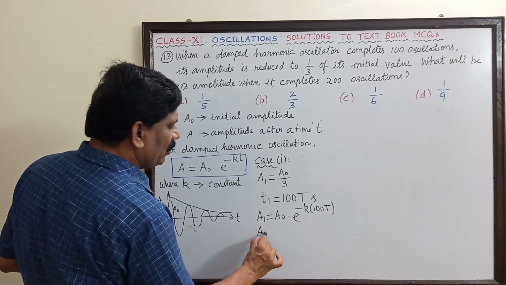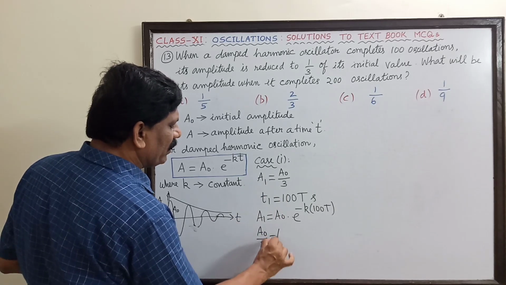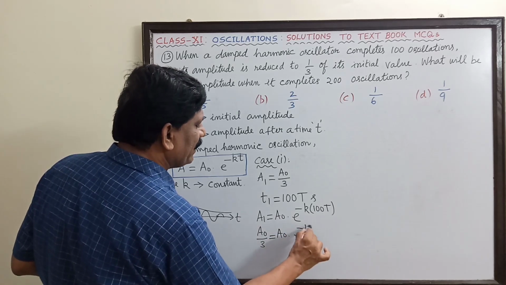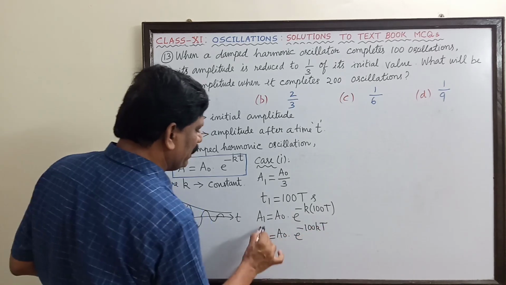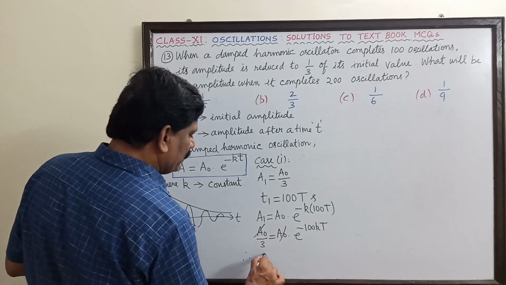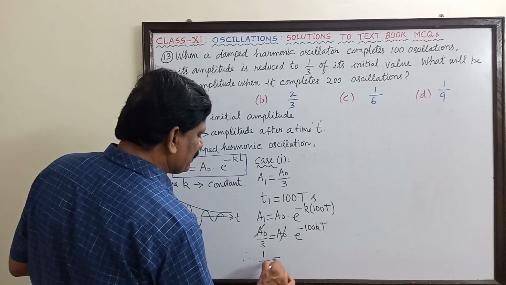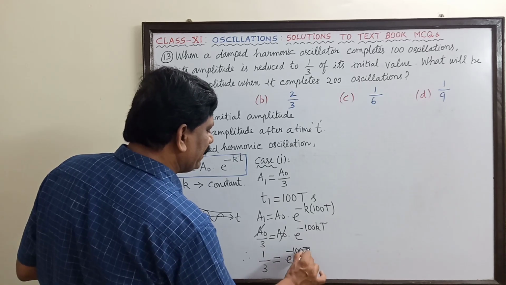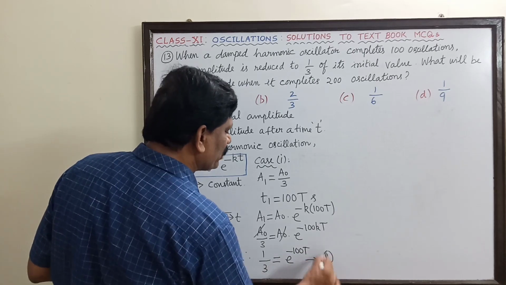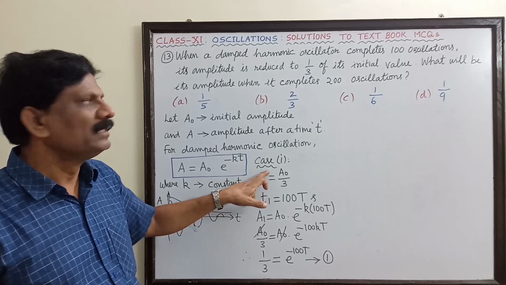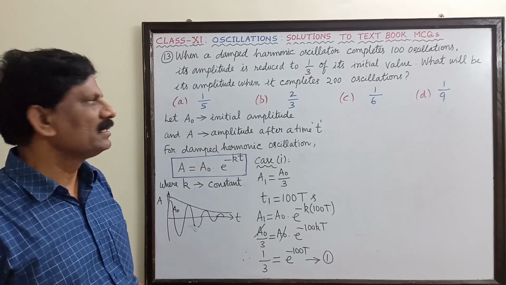So A0 by 3 is equal to A0 into e power minus 100 k into t. Therefore 1 by 3 is equal to e power minus 100 kt. So this is our equation 1, for case 1, that is after 100 oscillations.